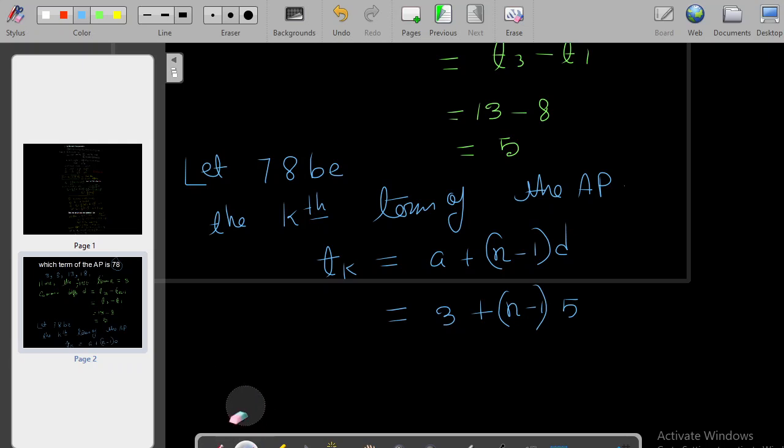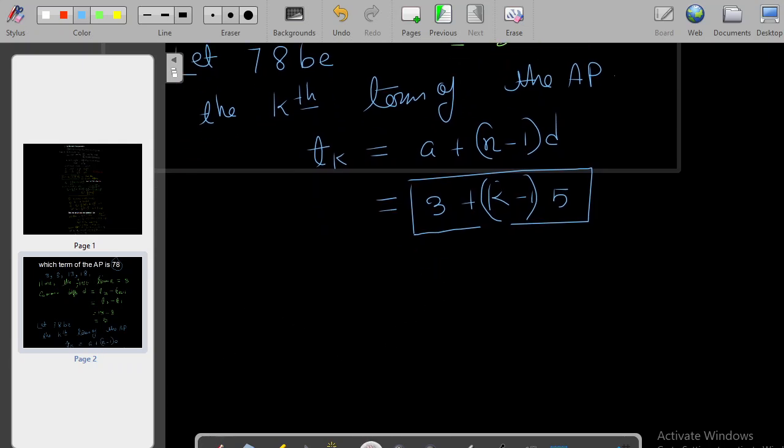So if I write this, it is the kth term, and I have to replace this n with k because it is the kth term, not the nth term. In that case, 3 plus (k minus 1) into 5 is 78, because we know the kth term is 78.